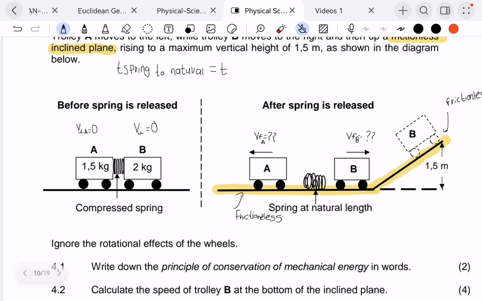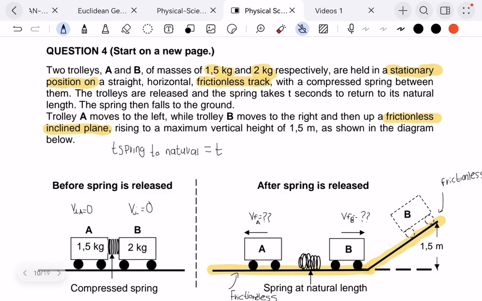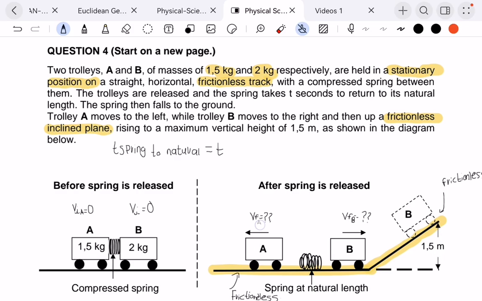What I basically did here was interpret everything so that I can get the idea of what is going on. When I said that there are hints, the hints are things like stationary position, horizontal, frictionless. Those are hints on many things that you're going to see when we are doing the questions.